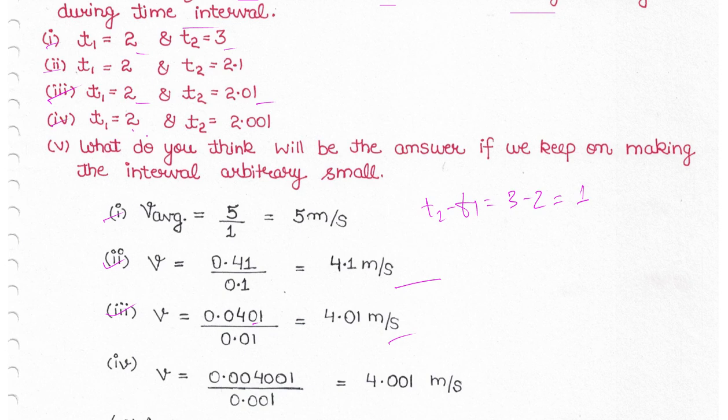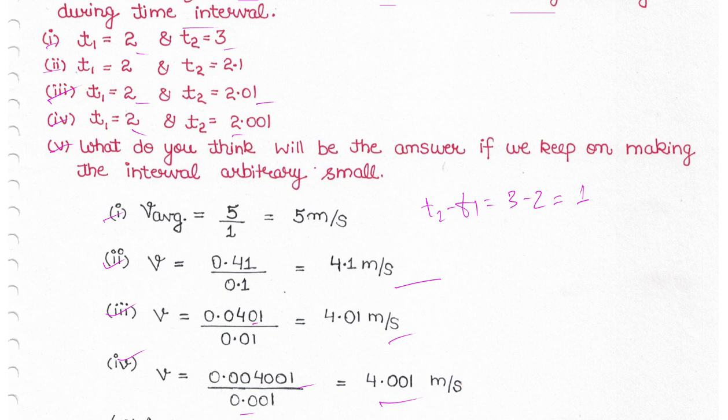For t1 = 2 and t2 = 2.001, you can write v = 0.004001 by 0.001, which is 4.001 meter per second.